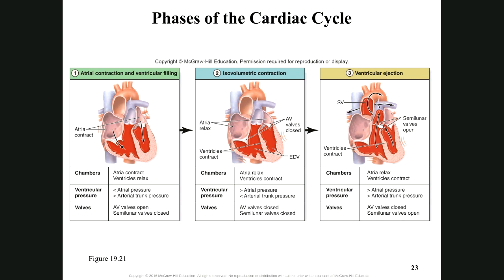This closure makes the second sound of the heart, which is the dup sound. So you have a sound which is lub dup, lub dup. The lub sound is louder and longer. It's due to AV valve closure, and the dup sound is shorter and less loud, and it's the closure of the semilunar valves.